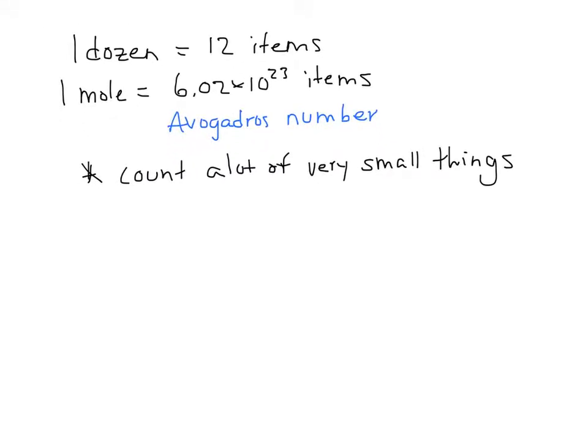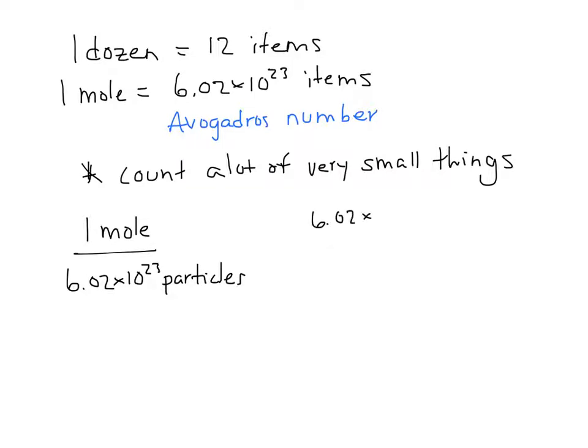We can say that 1 mole is 6.02 times 10 to the 23rd particles, or we can say 6.02 times 10 to the 23rd particles is 1 mole.